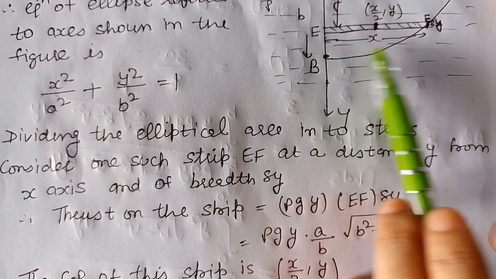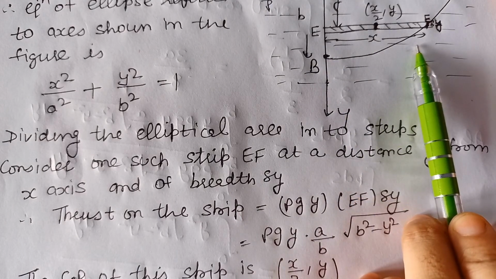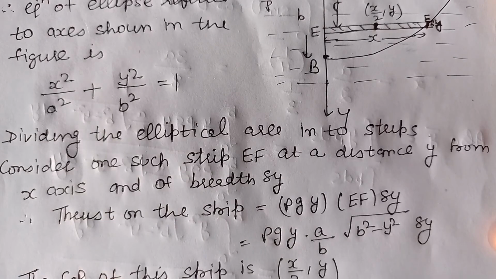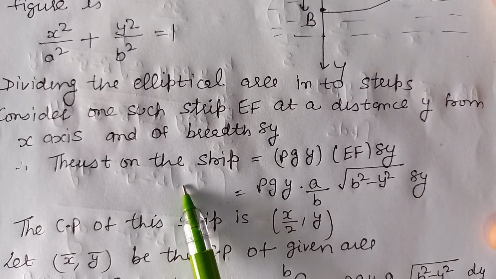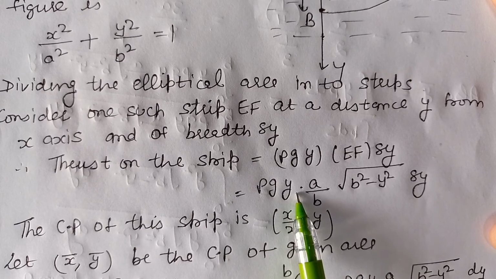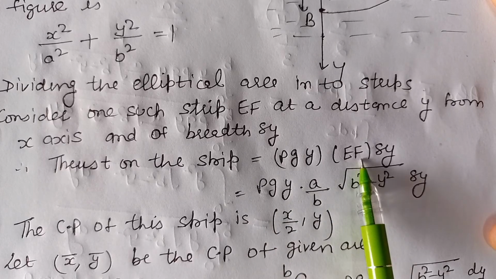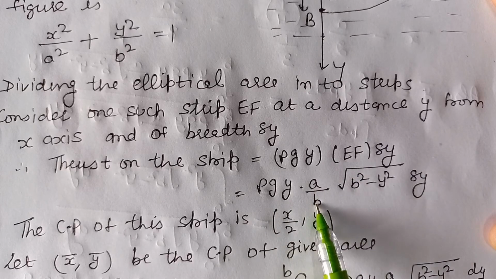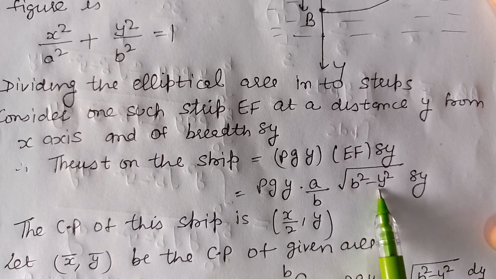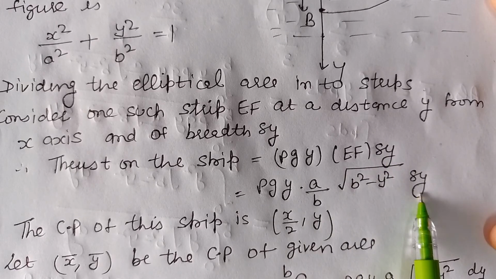EF is the distance x, and we can find the value of x from this equation. Substituting here, we get the thrust on the strip as rho into g into y into the length EF, which is a upon b into under root b squared minus y squared, into delta y.